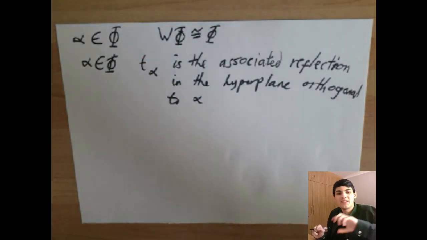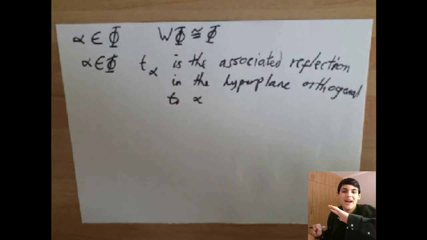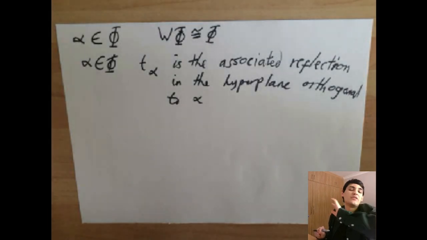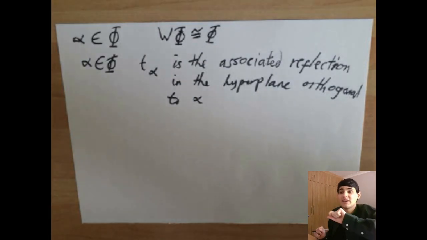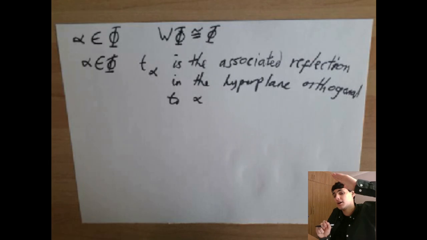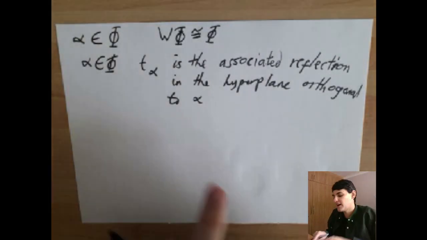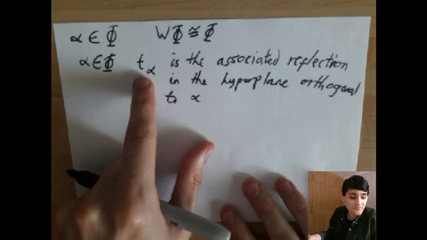So what does that mean? It means that if you have a root system, which is a bunch of vectors, and you've got a root alpha, you take the hyperplane orthogonal to alpha and take that reflection. That is precisely T alpha.